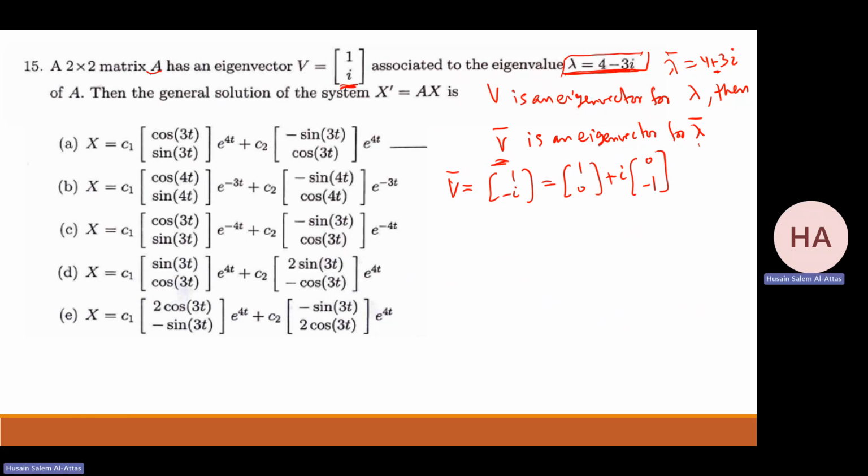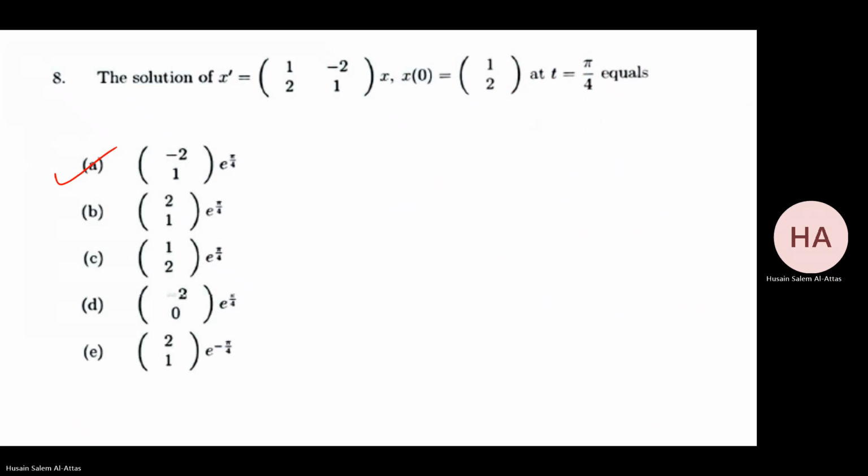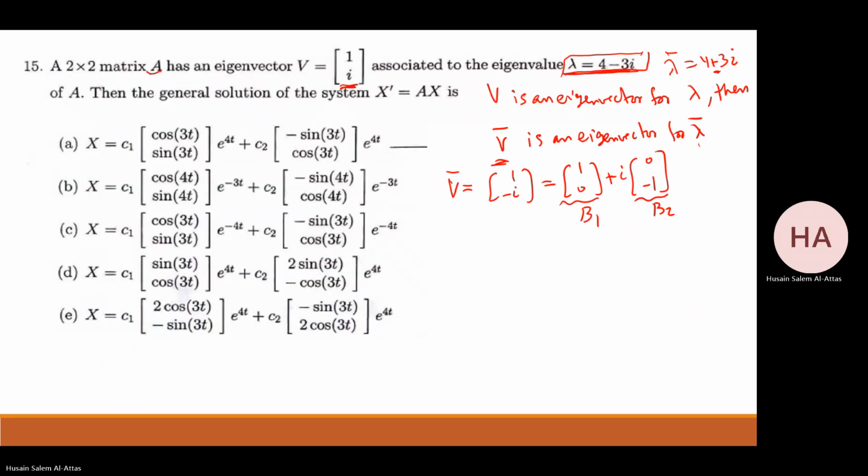Okay, so this is my B1, and this is my B2. Then if I do this, what will be X1? X1 will be B1 cosine 3t minus 0 minus 1, 0 sine 3t, e to the power 4t, which is what?